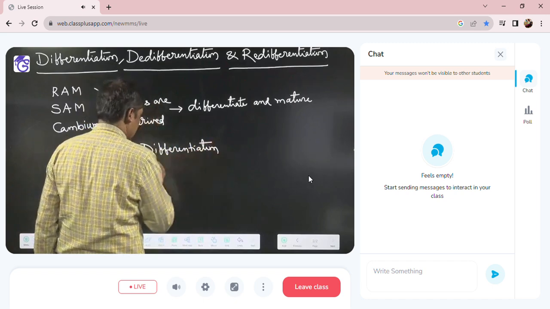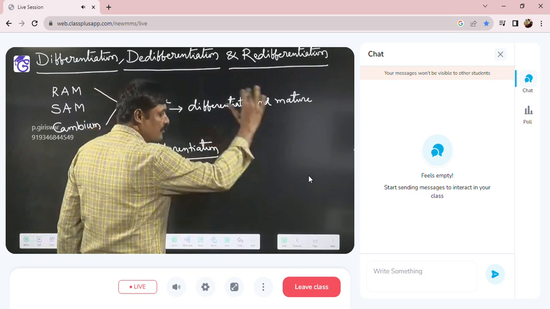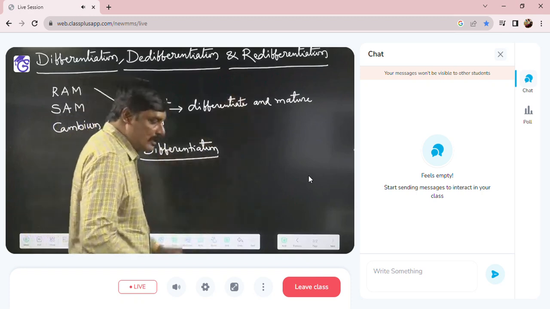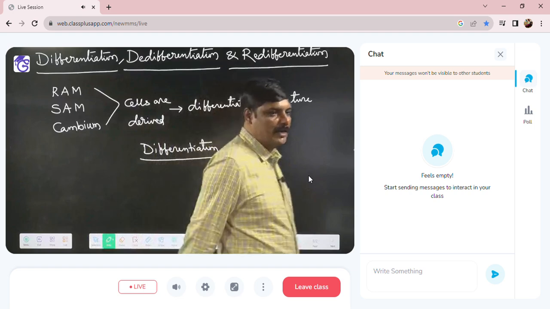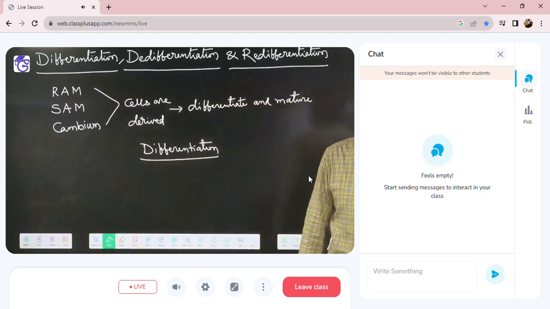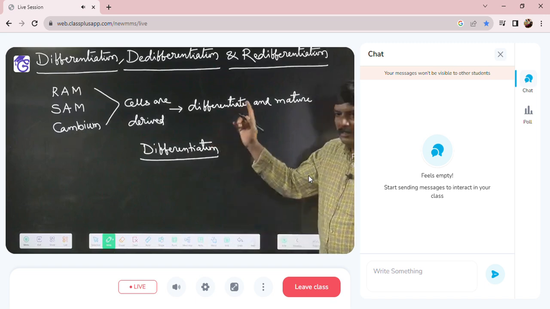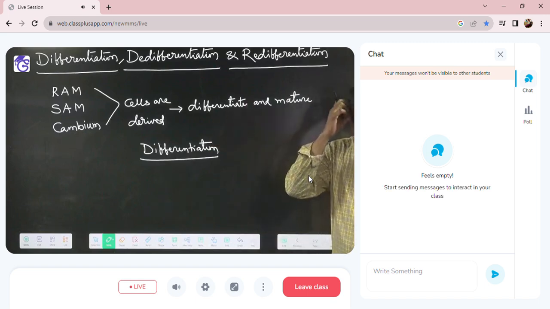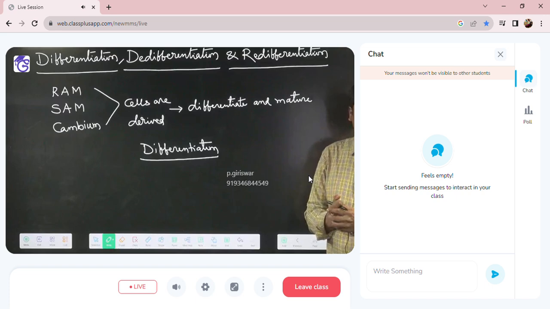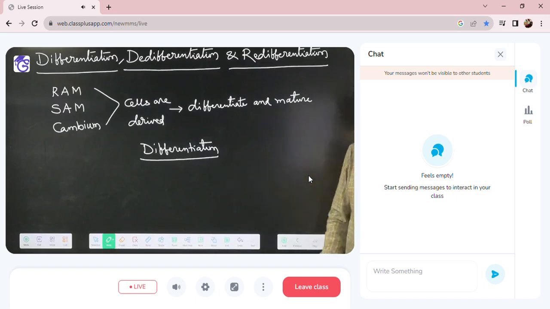Differentiate and becomes mature. This act leading to maturation is called differentiation.